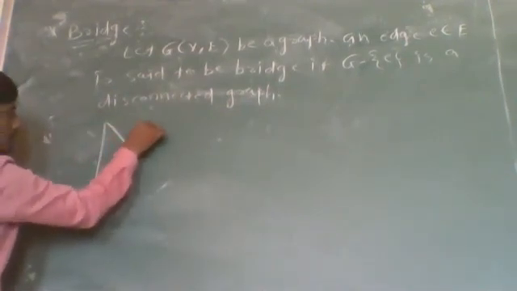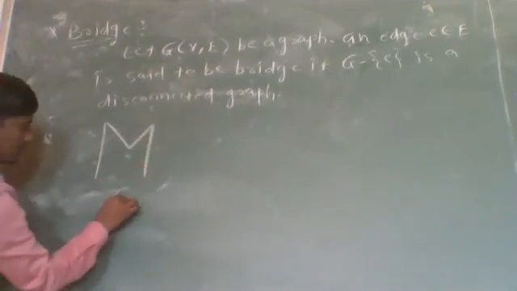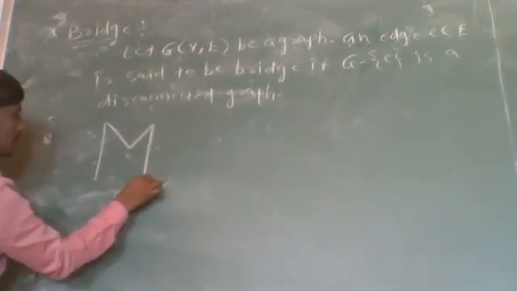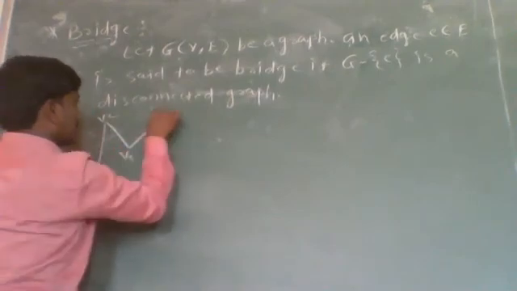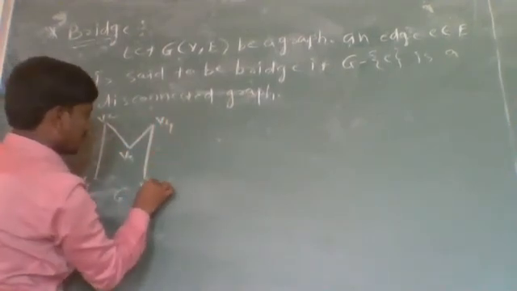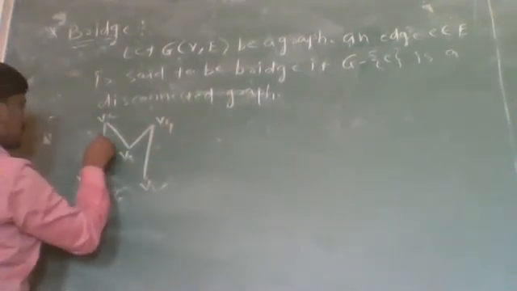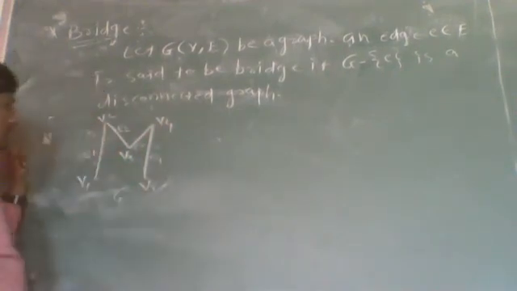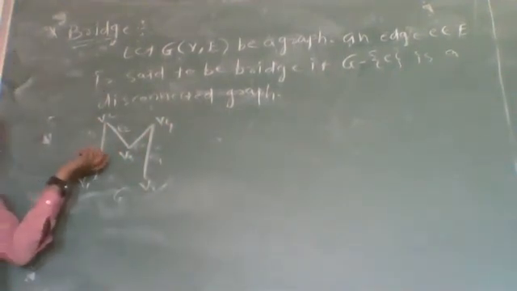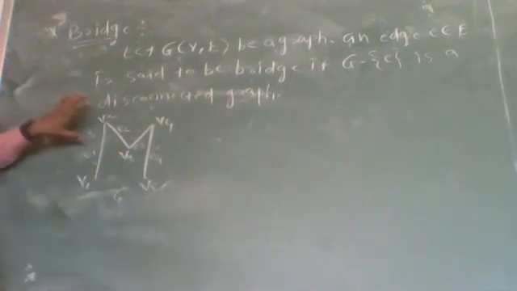So suppose this one is the graph. If we remove any edge from graph G, then it becomes a disconnected graph.